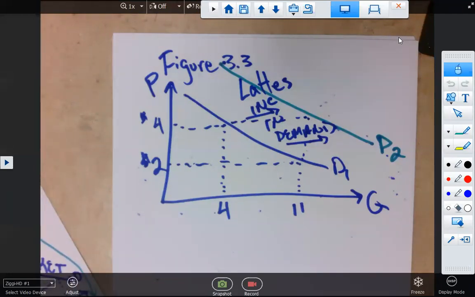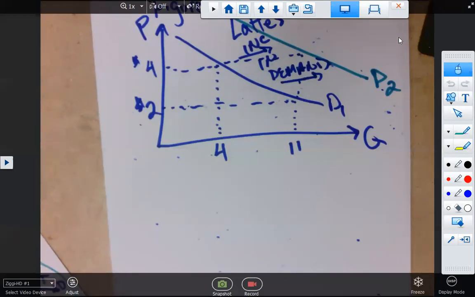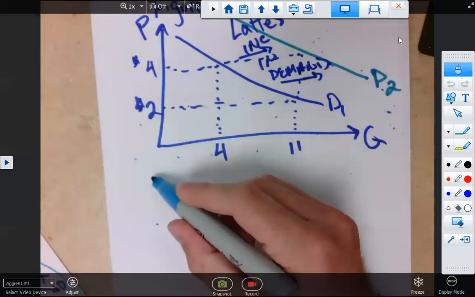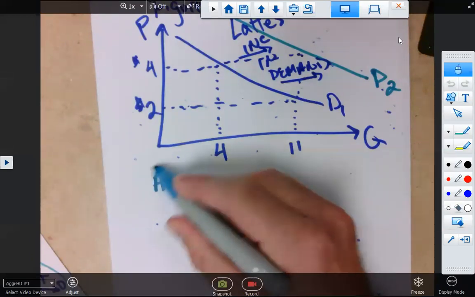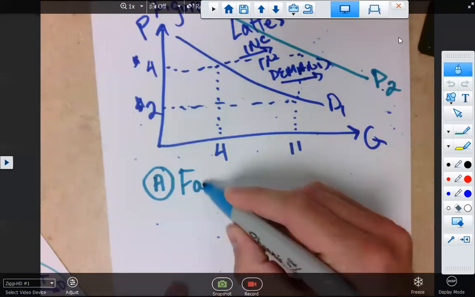So let's talk about the things that can cause an increase in demand, and then we'll talk about the things that cause a decrease in demand. I mean, they're all related, but we'll just keep it in terms of things that cause an increase for the moment. So the first one is a favorable change in consumer taste.